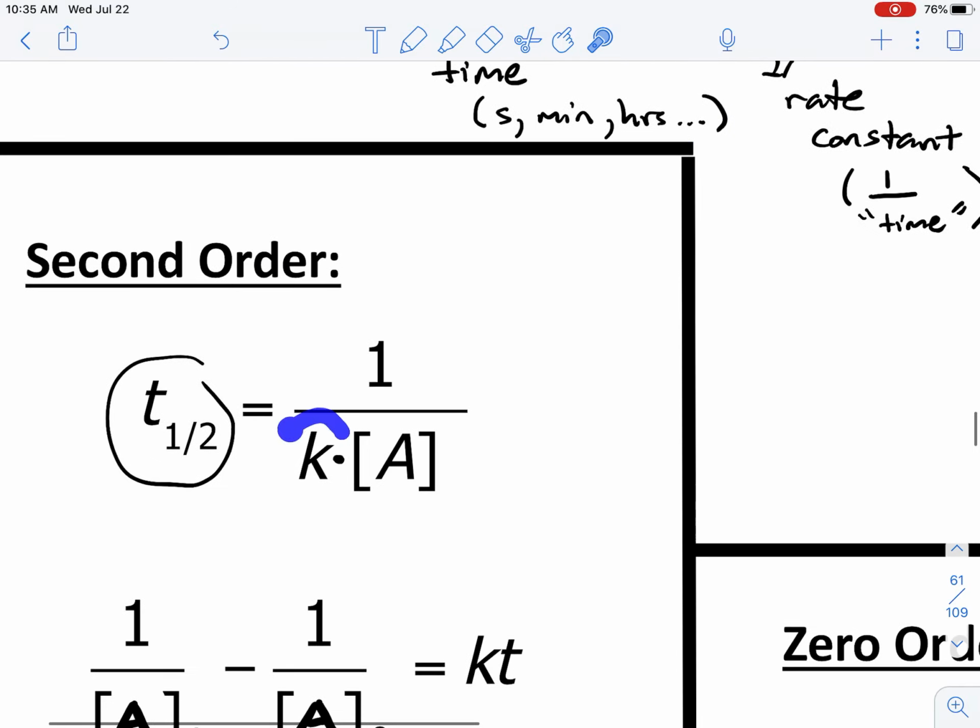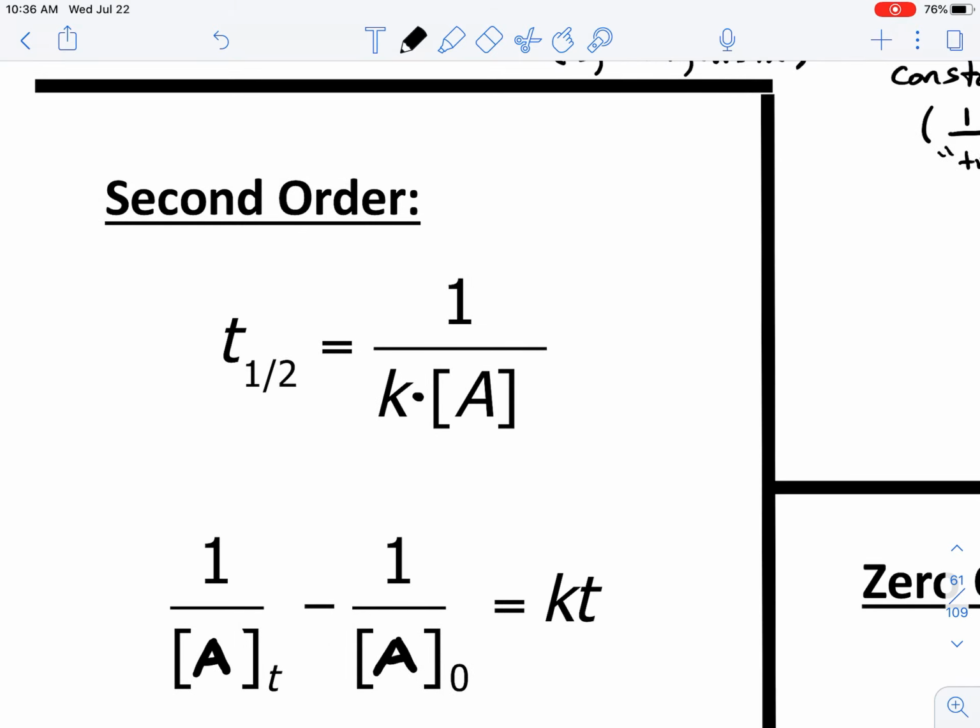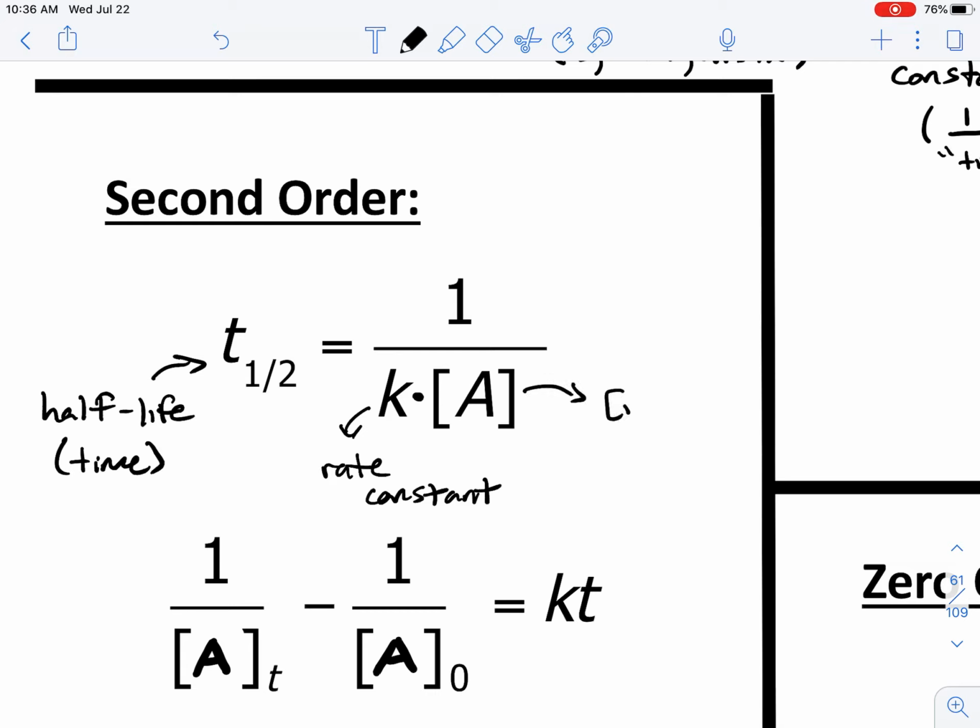And here we see the rate constant k, and it's being multiplied by the concentration of reactant A. And so I'll just go ahead and put in half-life, which is always in units of time. k is the rate constant. And then this is going to be the concentration of the reactant.